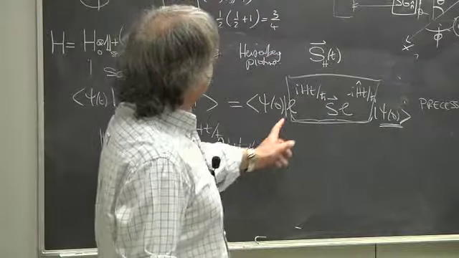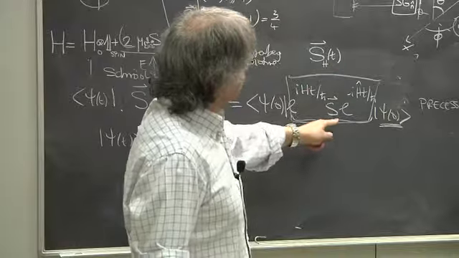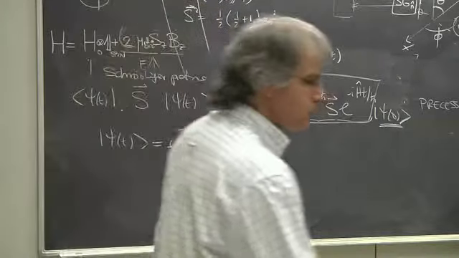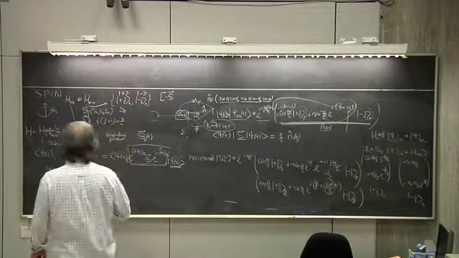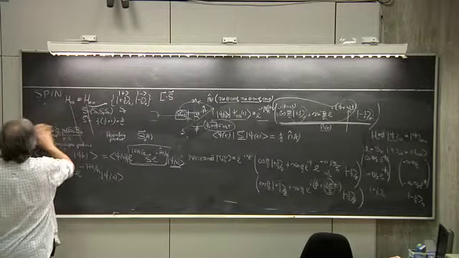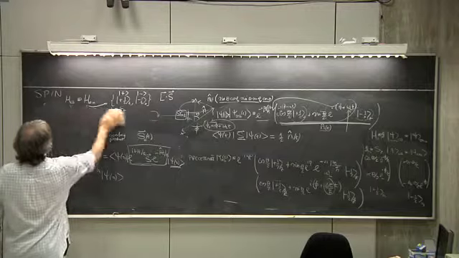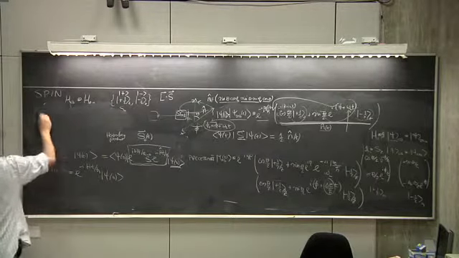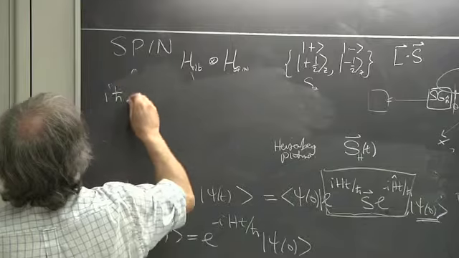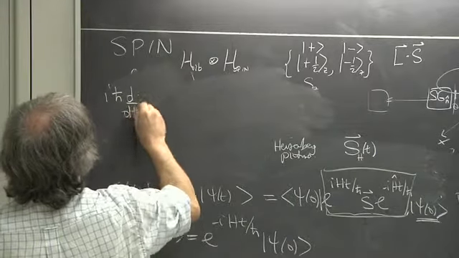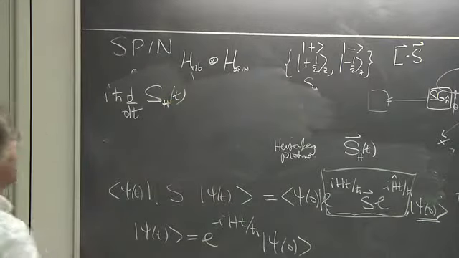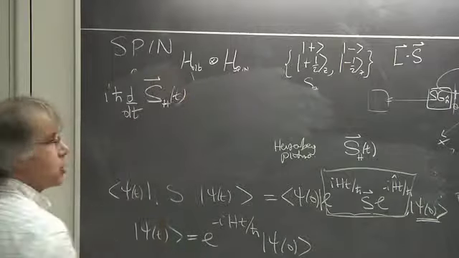Now, the operator at time t has these two unitary operators, so I can actually calculate an equation for it. So follow me for a very short derivation. Let me calculate what is i h bar times the derivative of this spin operator.